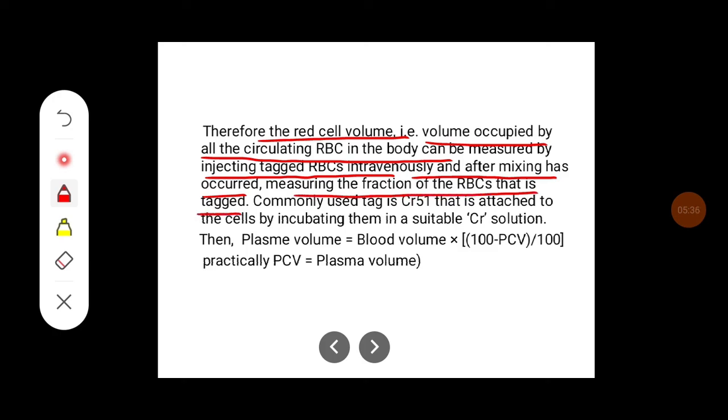A commonly used tag is chromium 51, which is attached to the cells by incubating them with chromium solution. Then plasma volume is equal to blood volume into 100 minus PCV divided by 100.